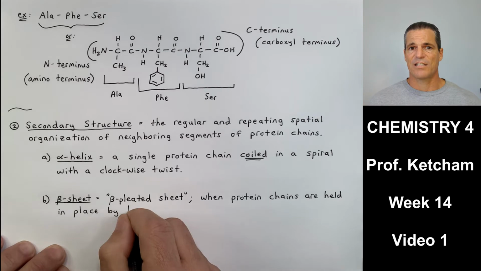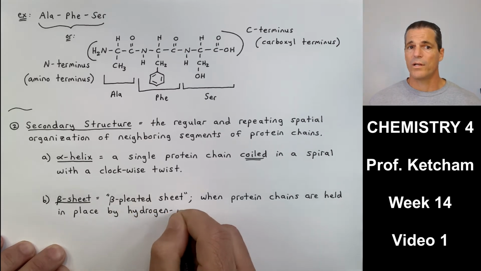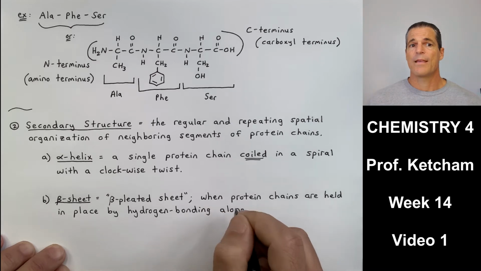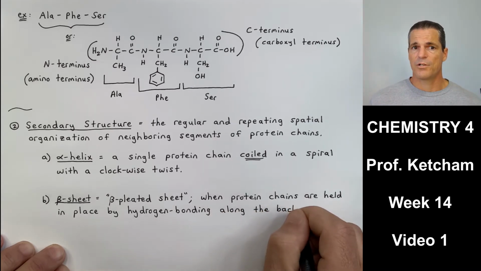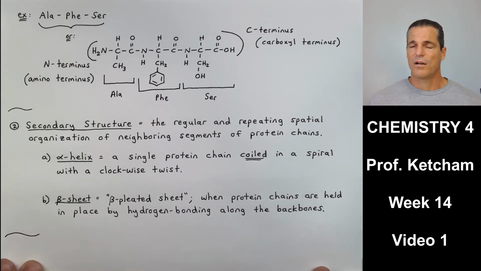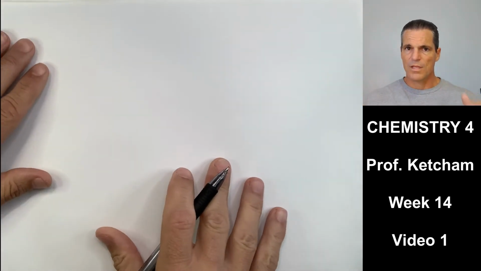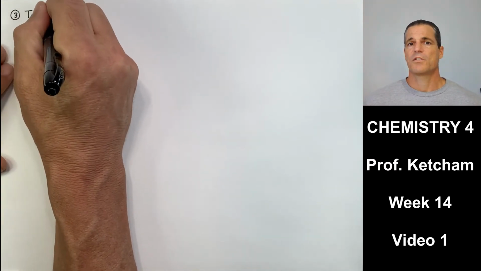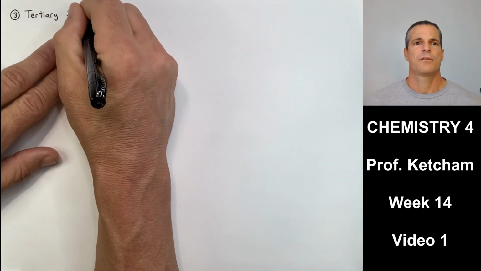Alpha helix is like a single protein chain coiled in a spiral with a clockwise twist. And a beta sheet, or as your book refers to it, a beta-pleated sheet, is where a portion of chains are held in place such that they form kind of like an accordion look. Okay? So those are the 2 secondary structures.